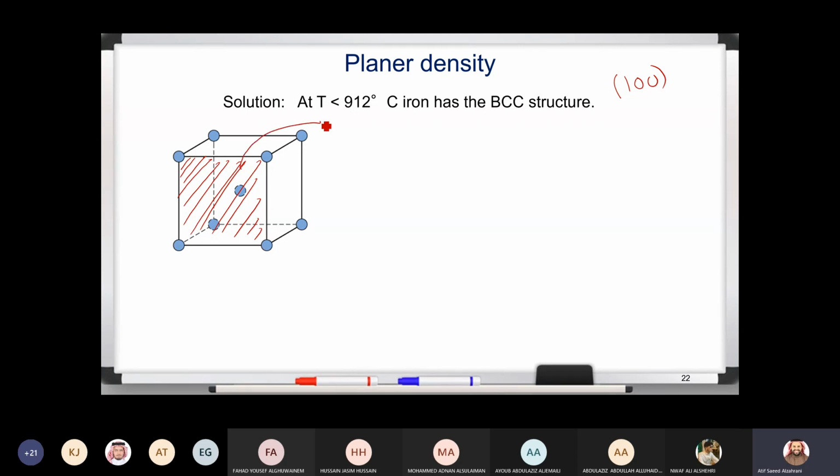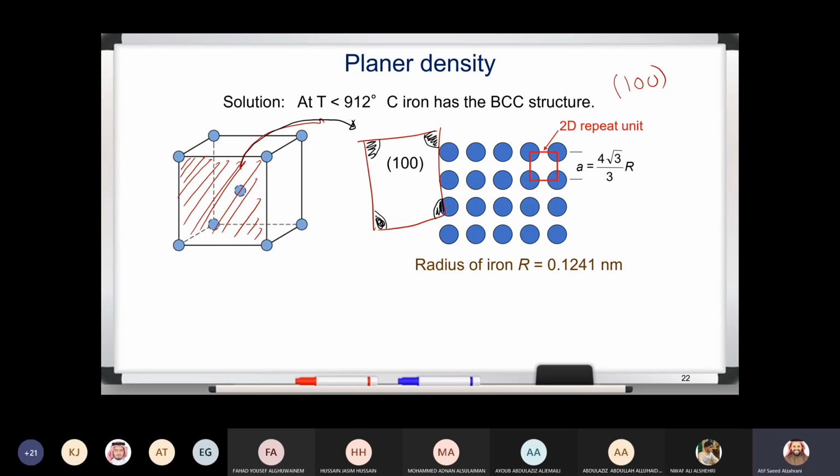So if you try to propagate this plane here, you will find something like this. Can you imagine it, Shabab? So if you propagate this plane here and draw a 2D diagram, it will be something like this. Or more clearly, it will be something like this, okay?